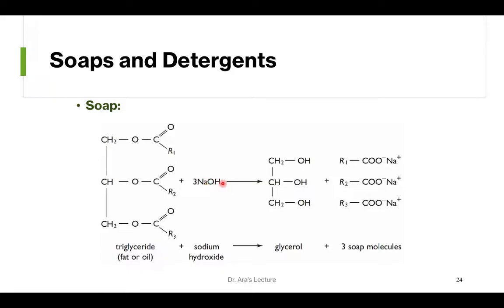So the OH group goes to glycerol, and we get COONa on R1, R2, R3. These are three soap molecules. So one molecule of triglyceride reacts with three molecules of sodium hydroxide to produce glycerol and three soap molecules.